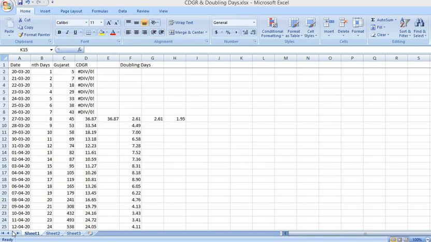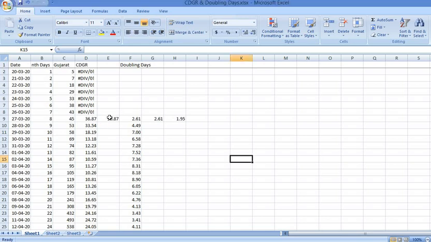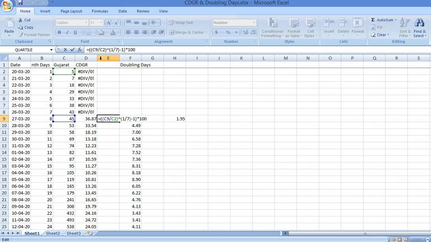So for calculating CDGR, what we require is date-wise cumulative cases. For example, here I have shown the cumulative cases of Gujarat for COVID-19. If we look at the formula of CDGR, here we can see C9, that is the 8th day cases, divided by C2, that is the first day cases.